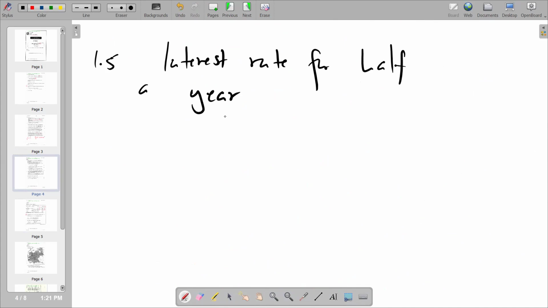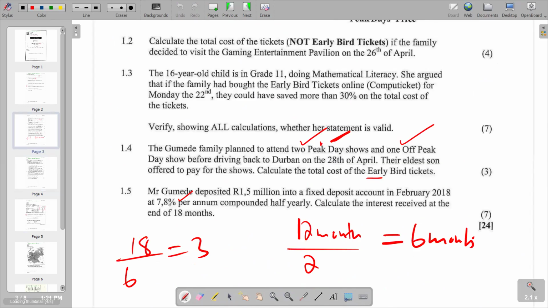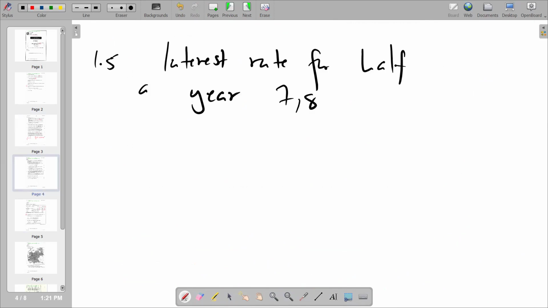We're given the annual interest rate being 7.8 percent. So for half, we divide by 2, and then we are going to get our answer at 3.9. So this is the half yearly percentage.